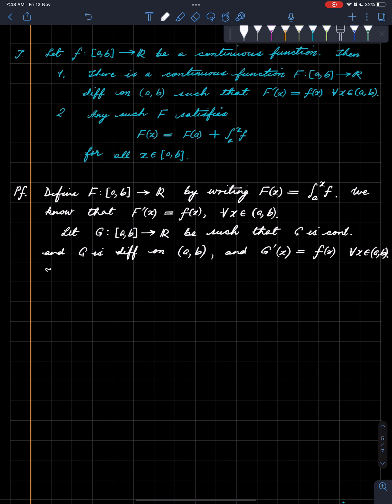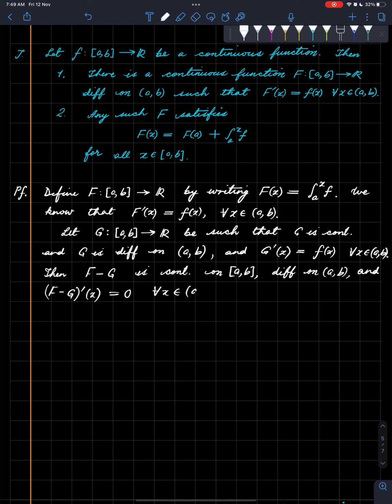So then F as constructed above, F minus G has the following property: F minus G is a continuous function, differentiable on the interior, and the derivative of F minus G vanishes in the entirety of the interior.